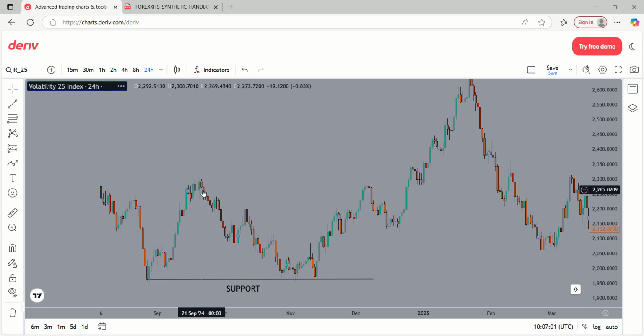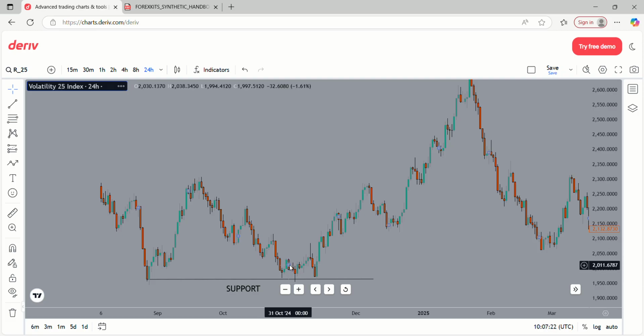I've drawn the support line. It came back down to that support area again and tested it the second time. You can see at this point, even though it was not really touching the line, it bounces off again, but this was just a little movement.